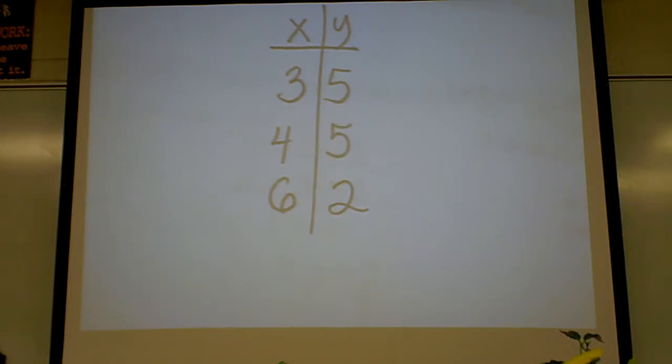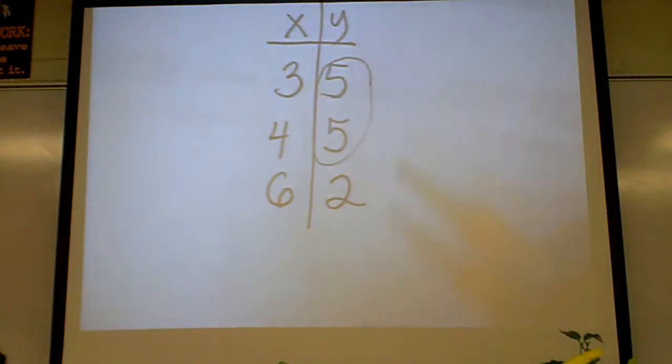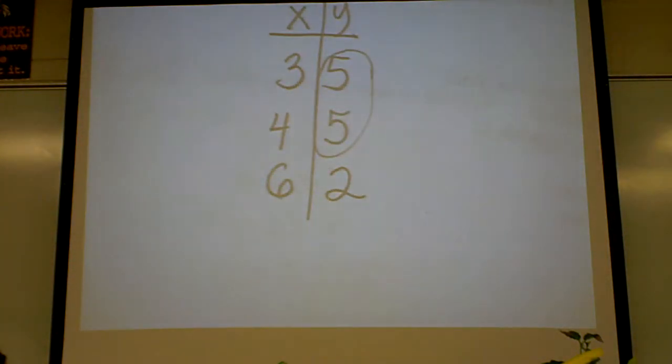Well, let's say we had this picture right here, and then I ask you to find its inverse. Before you even switch them, don't even do that. If I ask you, when I invert this, will it be a function without doing it? What you're going to do now is look at your y values. If any of your y values repeat, then it will not be a function.